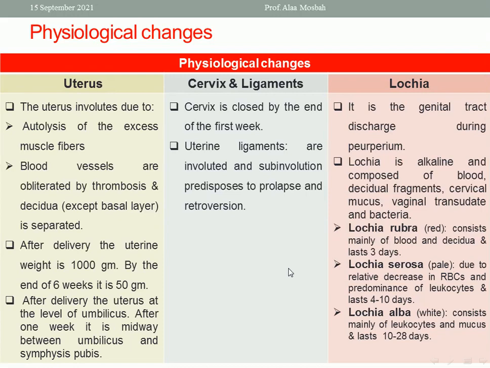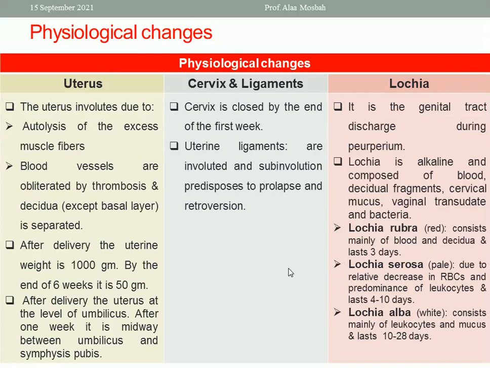What about the uterus? The uterus involutes, decreasing in size due to autolysis of excess muscle fibers, the blood vessels are obliterated by thrombosis, and the decidua, except the basal layer, becomes separated. And you imagine the weight of the uterus after delivery is 1,000 grams.